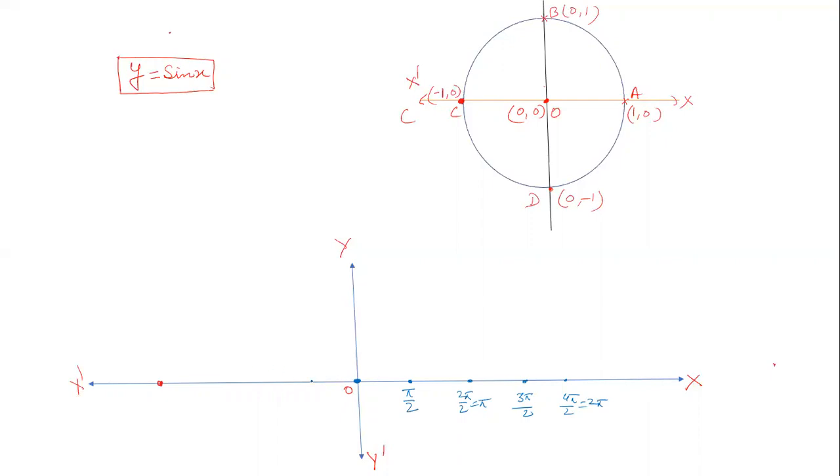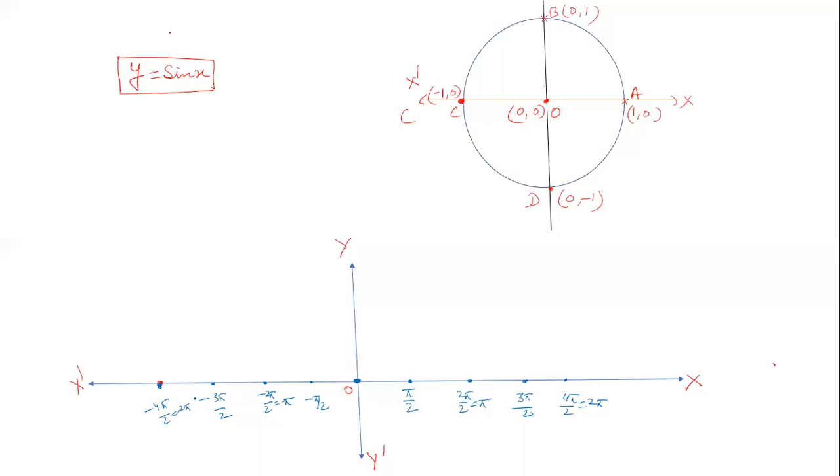Similarly, in this direction, we can take minus pi by 2, and this is minus 2 pi by 2, that is minus pi, then minus 3 pi by 2, and minus 4 pi by 2, that is minus 2 pi.